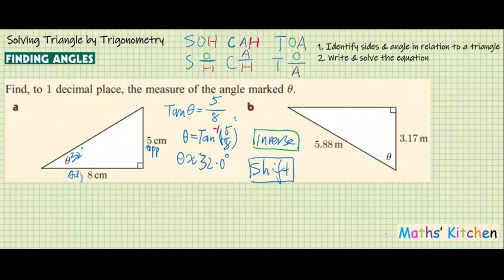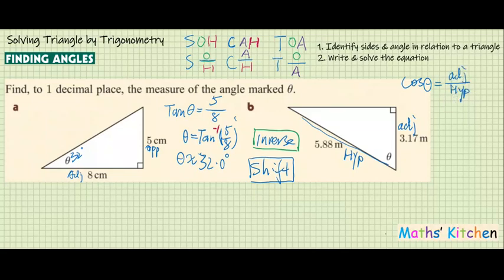Beside this angle, we can find hypotenuse and adjacent. So cosine will be the only trig function we can use in here to include adjacent and hypotenuse. We can make the equation cosine theta equals adjacent divided by hypotenuse.